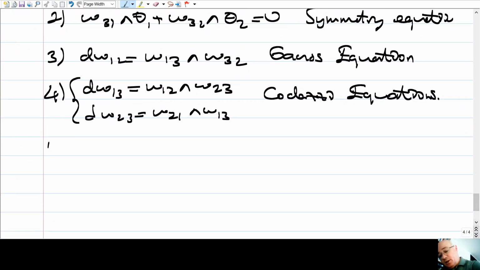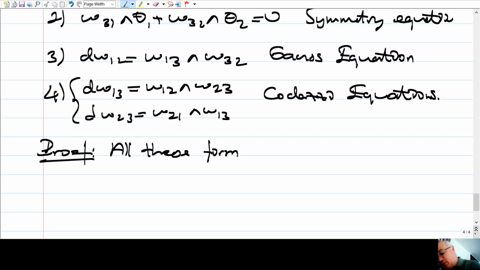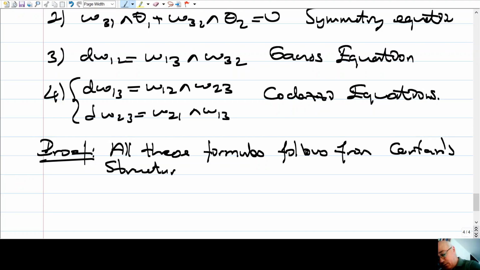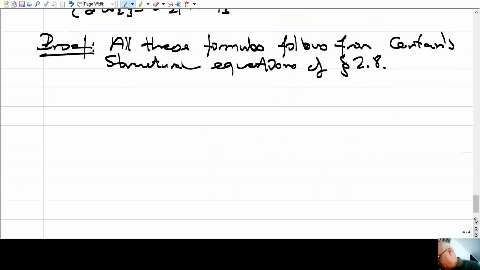Of course, these are just consequences of the theorem we proved in the previous section. So all these formulas follow from Cartan's structural equations of section 2.8.